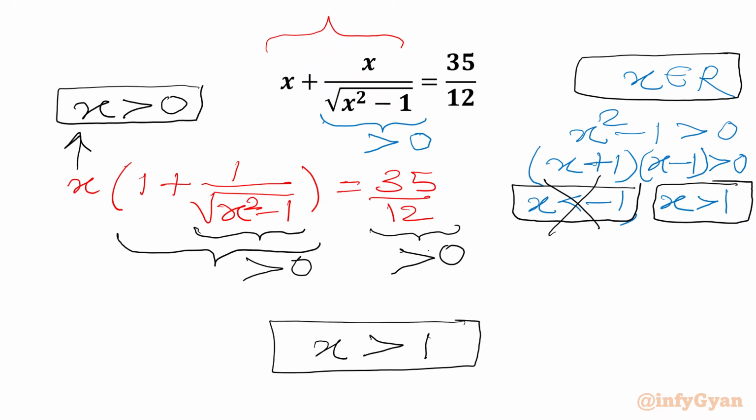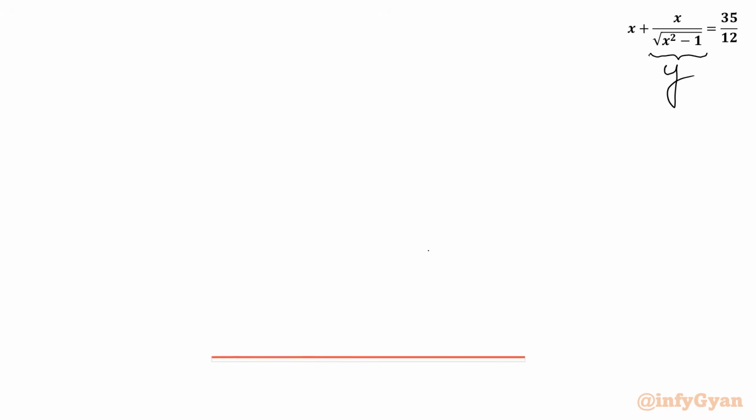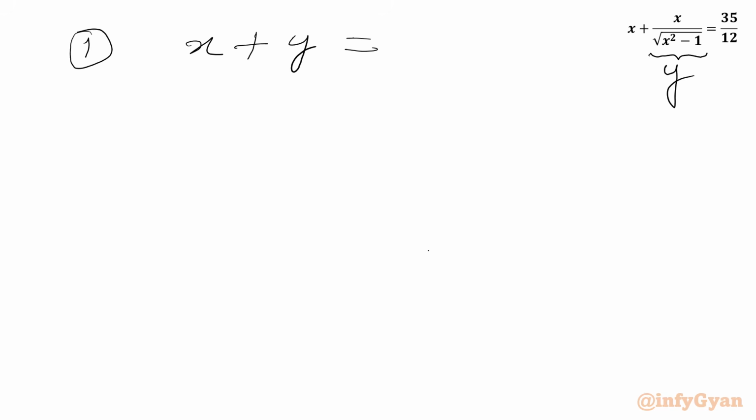Now we have to solve our equation. I will consider the substitution x over the square root of x square minus 1. Suppose this is y. So our first equation is ready: x plus y equal to 35 over 12.